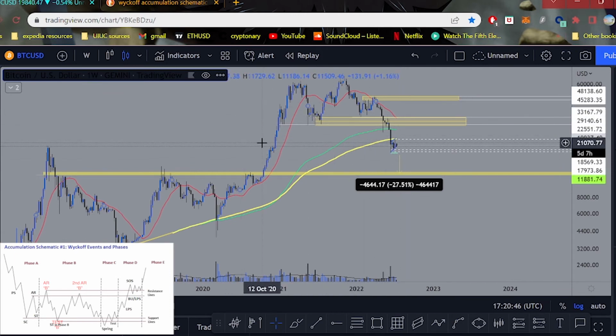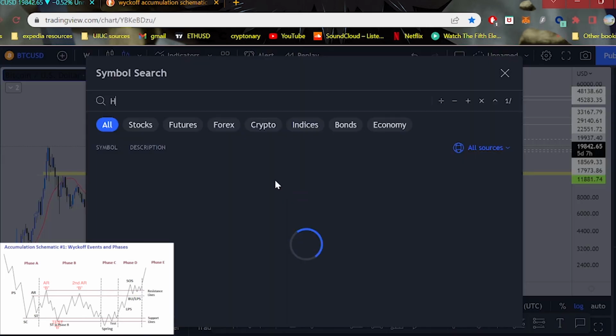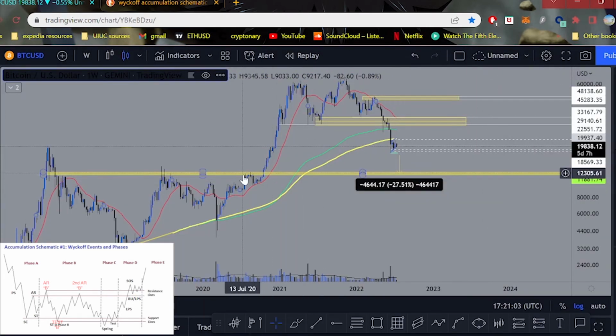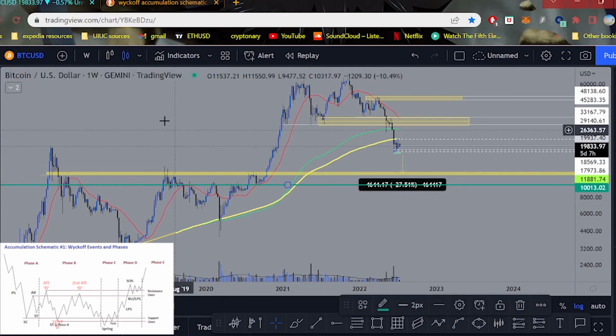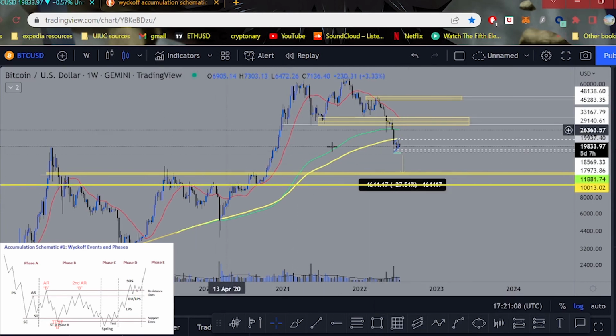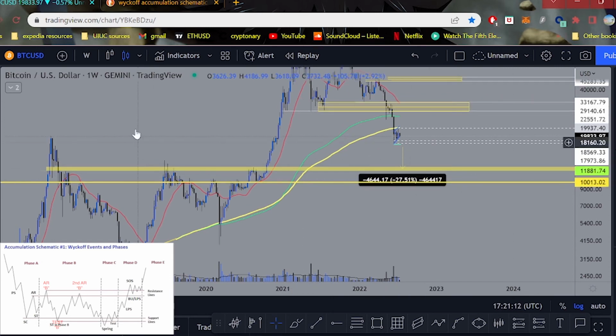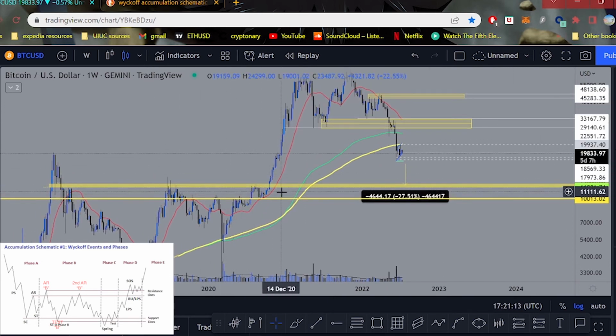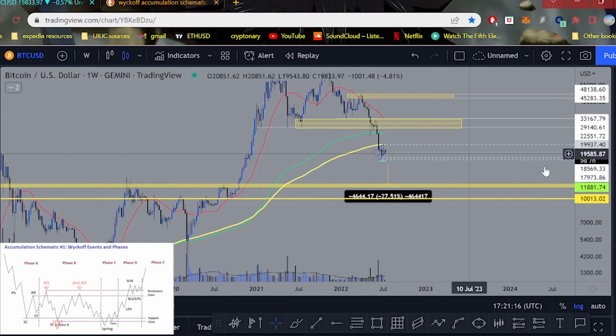CPI numbers coming out, they're going to be bad. I totally see this yellow resistance coming. It totally can hit. I think 10K is a little too low, but I mean, I have no idea what it's going to do. I think a little bit more to the downside if CPI numbers are bad, then these two supports might come.